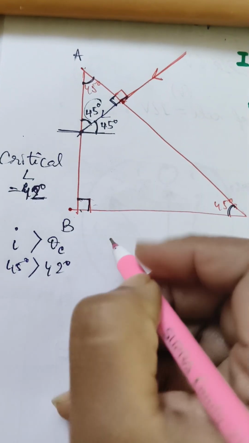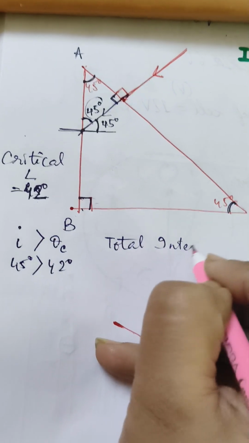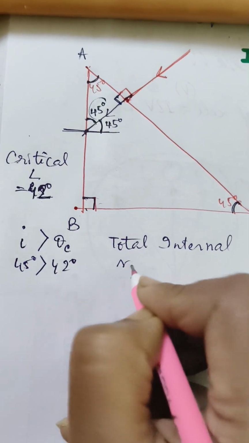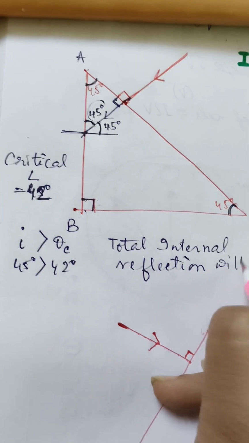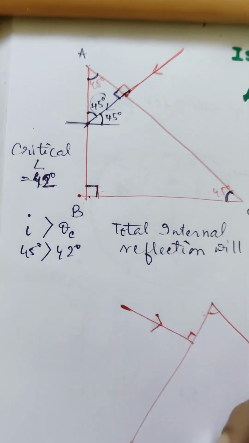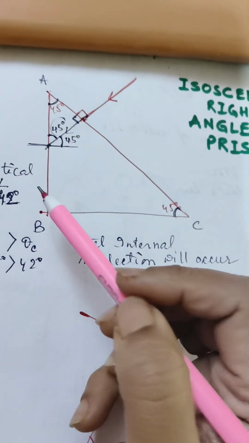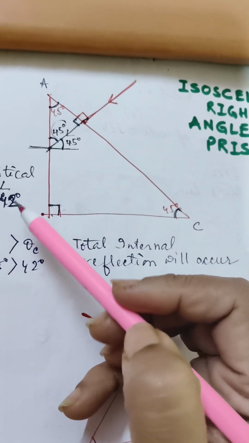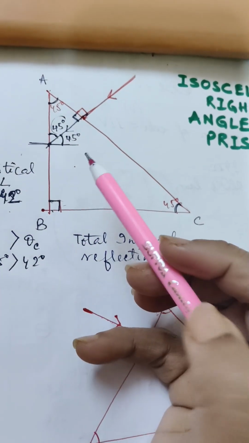That is, what will occur over there? Total internal reflection will occur. I am just explaining it to you. During the exam, you don't have to write all these things. You'll just show the angles and mention the critical angle is 42 degree for the glass-air interface.